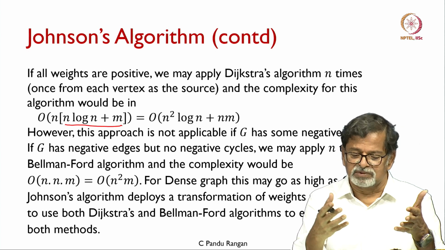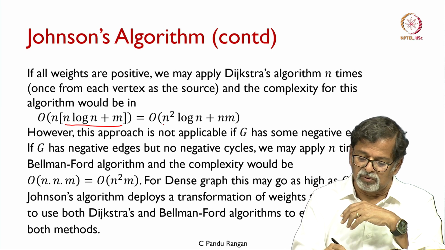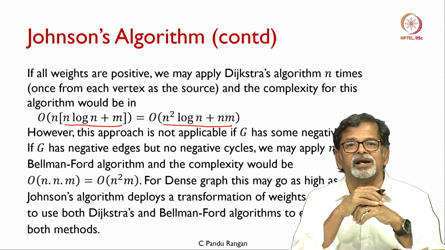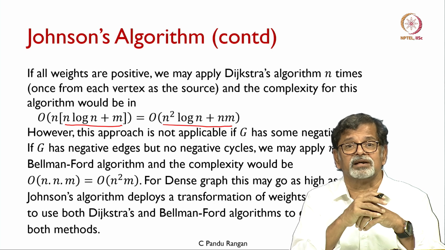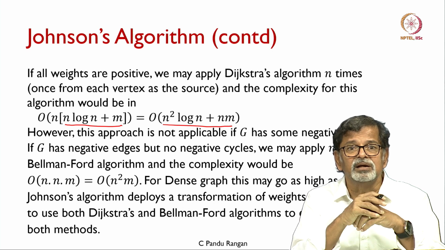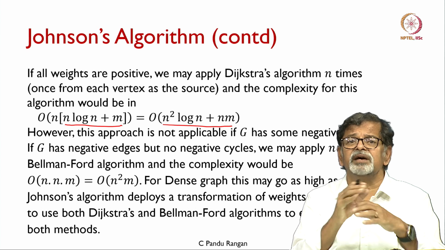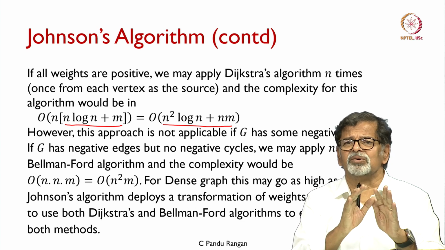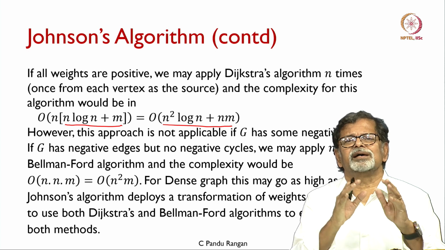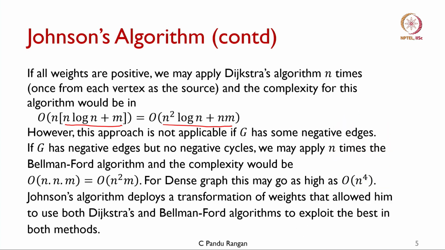When you apply it n times, the complexity will be O of n square log n plus nm. This is the promised complexity of Johnson's algorithm. Therefore, if all edge weights are positive, we don't have to do anything, simply apply Dijkstra's algorithm n times and you have an n square log n plus nm algorithm.